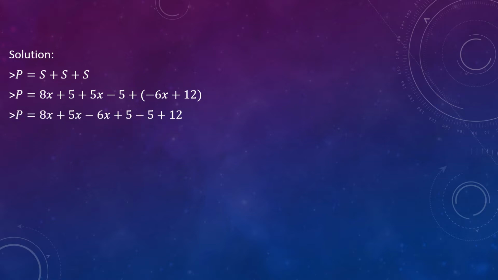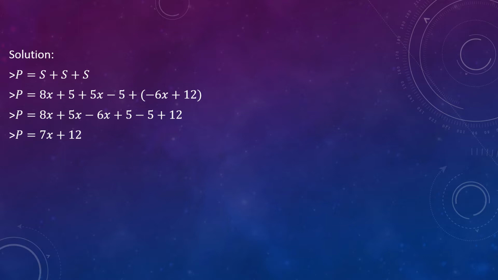So we combine: P is equal to 8x plus 5x minus x. We are combining numbers with variables. Added to 5 minus 5 plus 12. In this one, we are combining only the coefficients. Now let's simplify. 7x plus 12. Why 7x?